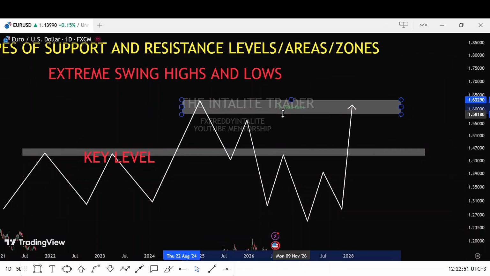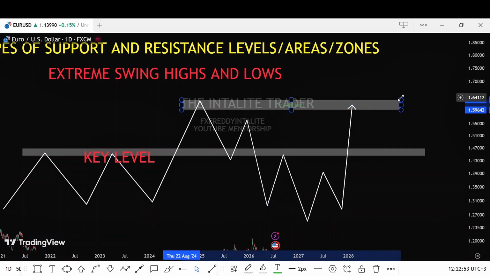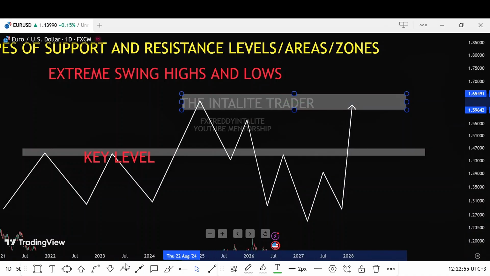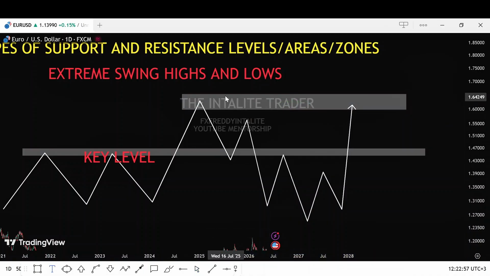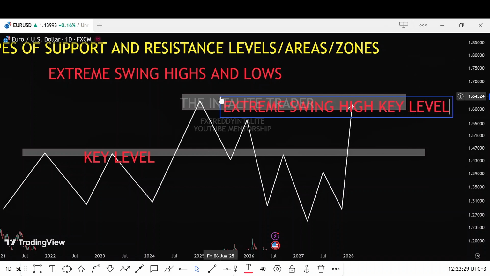But this one, this level up here, we shall call it extreme key level. We shall call it extreme swing high key level.